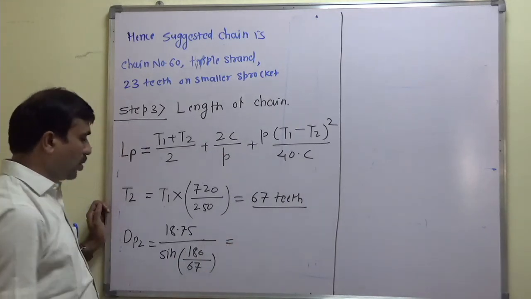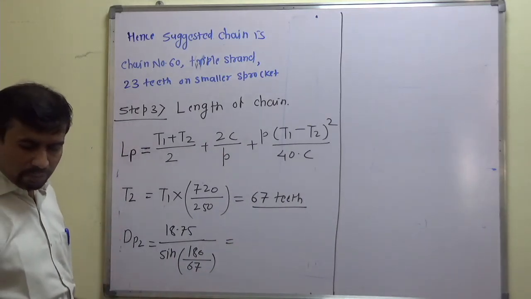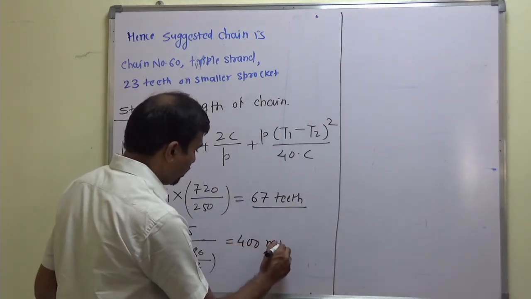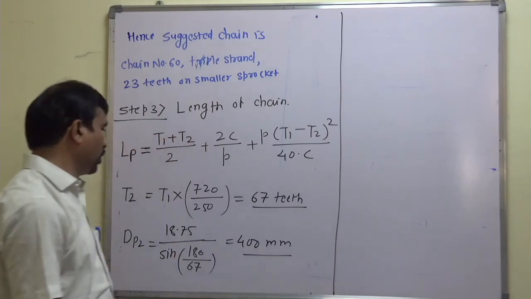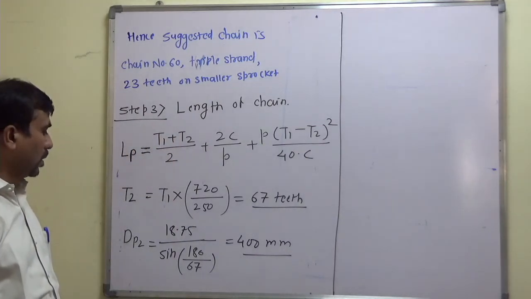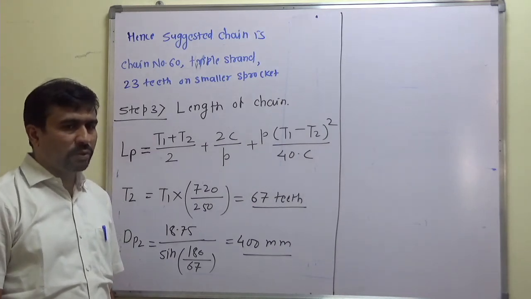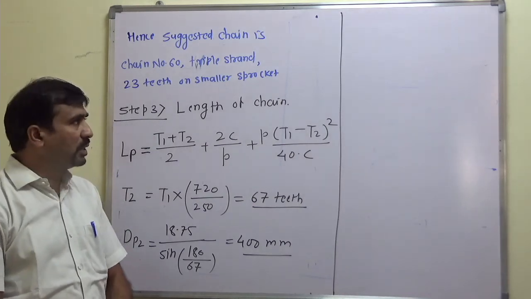So dp2 is approximately 400 mm. Why did we calculate dp2? Just to calculate the center distance, because center distance is not actually given in the problem.